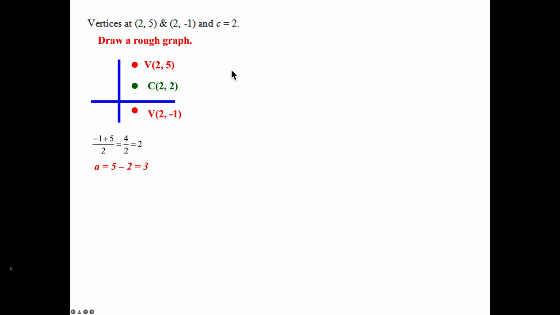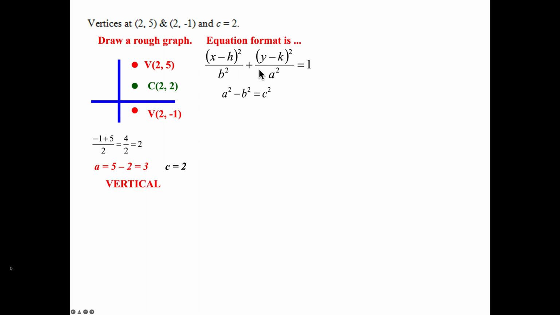We have a vertical ellipse, which means now your a squared is going to be located under the y minus k squared. Still use your Pythagorean theorem with the minus sign. We'll put all our numbers in. X minus 2, y minus 2, put in the 3 for a.